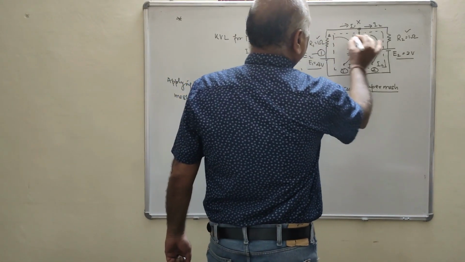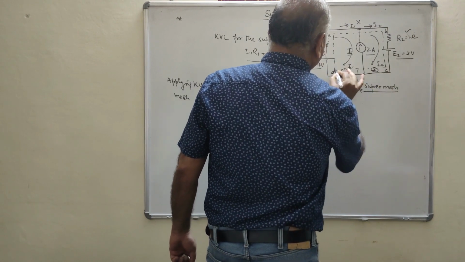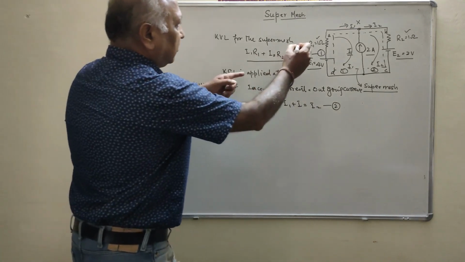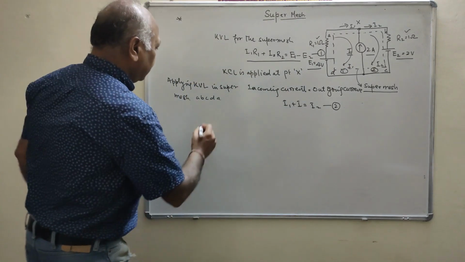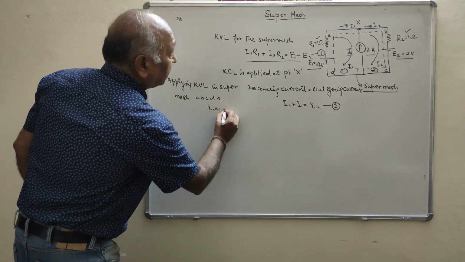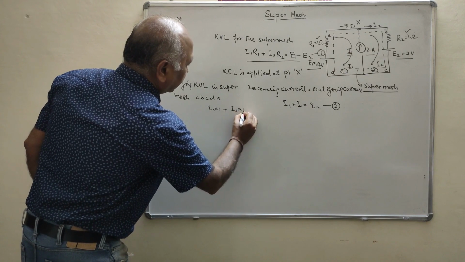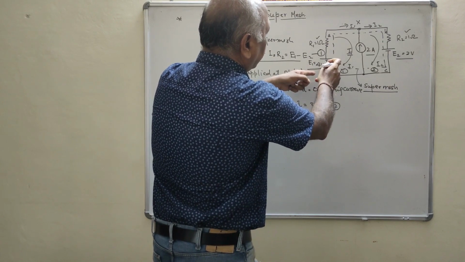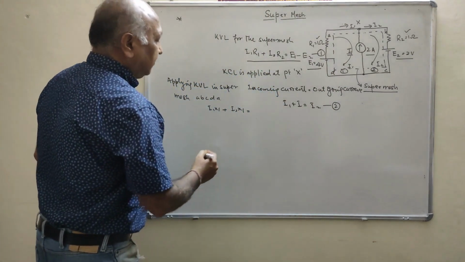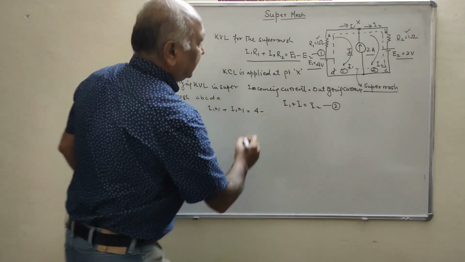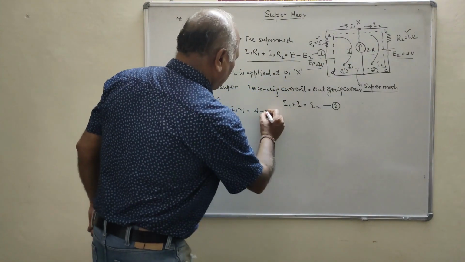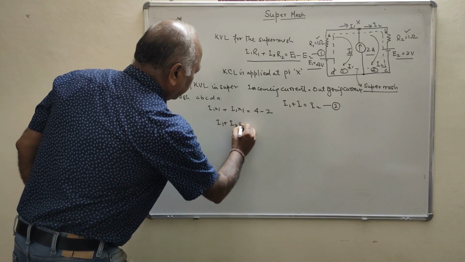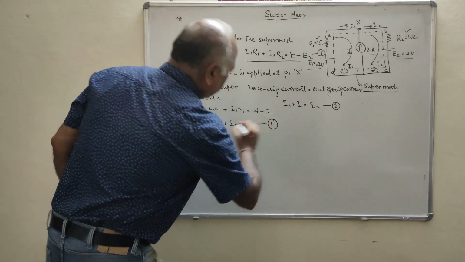Say this is A, this is B, this is C, and this is D, so super mesh A, B, C, D, A. I1 into R1, that is I1 into 1, plus I2 into 1, equal to 4, since I1 goes from negative to positive, and then minus 2, where I2 goes from positive to negative. That is 4 minus 2, or I1 plus I2 equals 2. This is equation number 1.